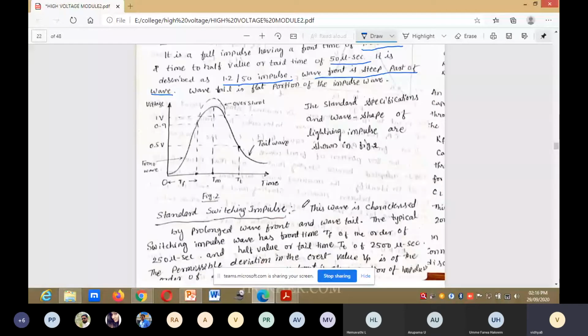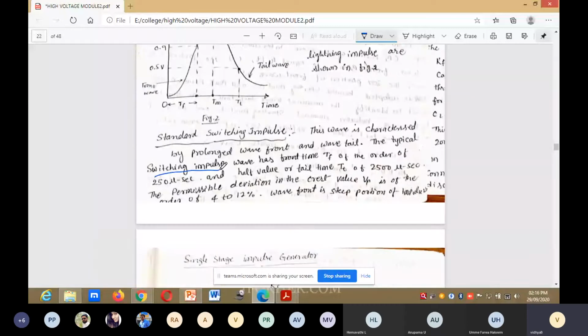Standard switching impulse. This wave is characterized by prolonged wavefront and wave tail. The typical switching impulse wave has front time TF of the order of 250 microseconds and tail time TT of the order of 2500 microseconds.